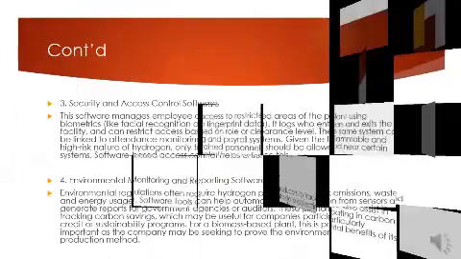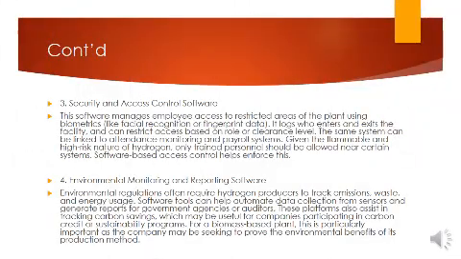Then we have security and access control, which are used to manage all the employee access to restricted areas of the plant using biometrics or keycard systems. Given the flammable and high-risk nature of hydrogen, only trained personnel should be allowed to manage these systems and software. There's also environmental monitoring and reporting software.